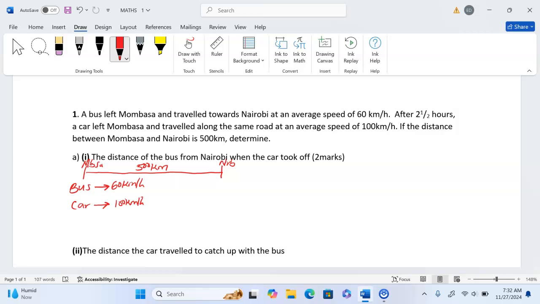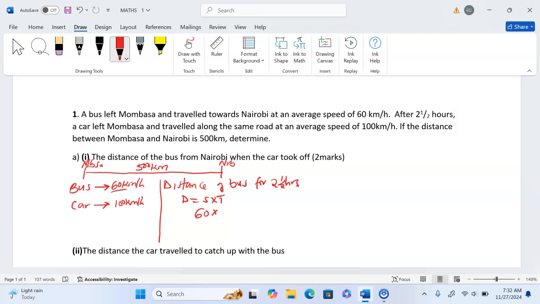The first thing we do, we have to calculate the distance of the bus for 2.5 hours. And we know distance is given by speed times time. So in this case, the speed we are going to use is that of the bus, which is 60 kilometers per hour.